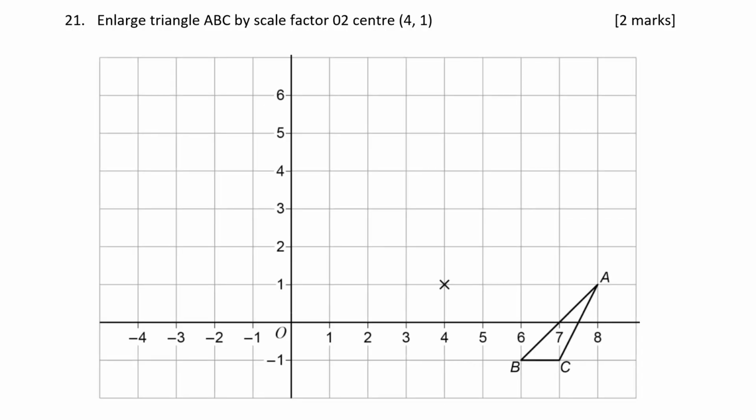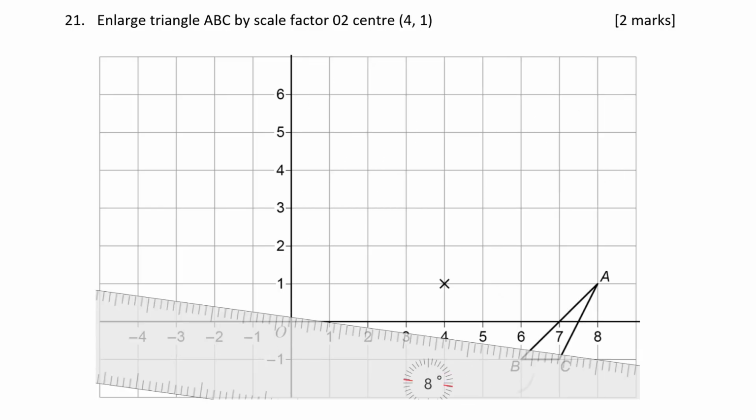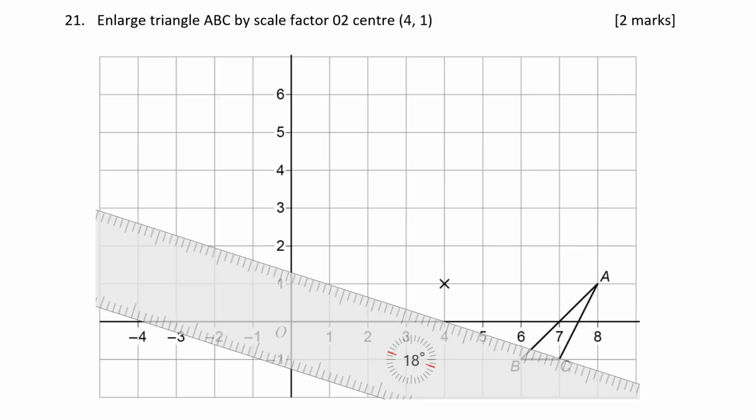Okay, so the triangle's already drawn and the centre of enlargement is also drawn. What we need to do is find the image points of A, B, and C. Now, when you've got a negative scale factor, your object and image are going to appear on opposite sides of the centre of enlargement. Now, it might be handy to draw ray lines on.